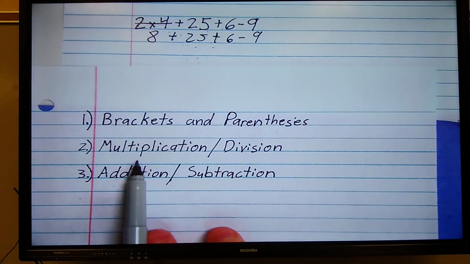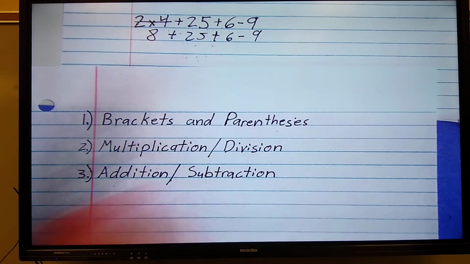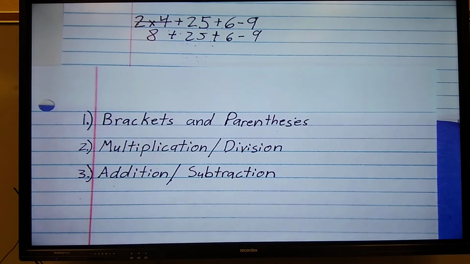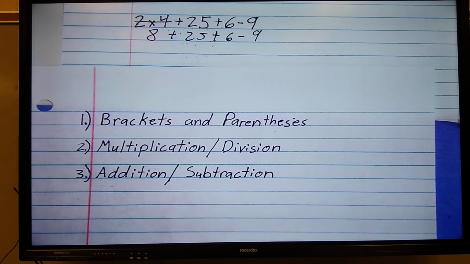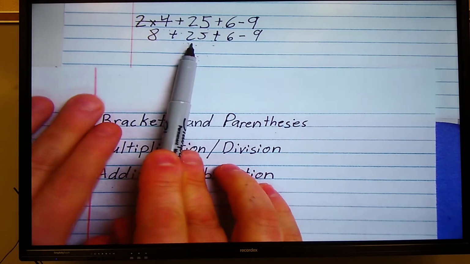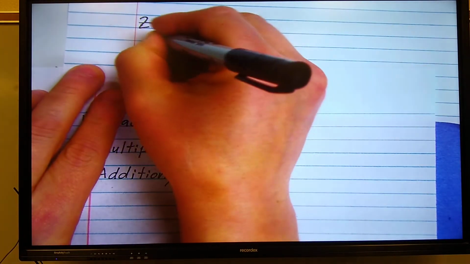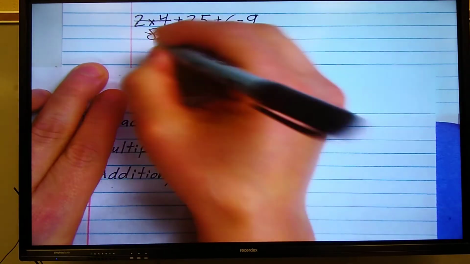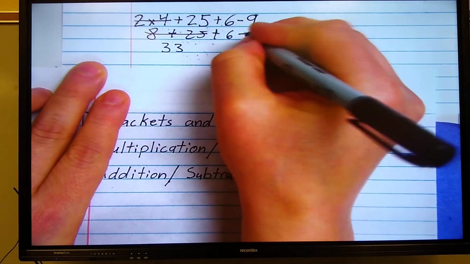Do I have any more multiplication or division? I do not. Move on to the next step. Addition and subtraction, left to right. So the first thing I come across is 8 plus 25. So I do that first, which is 33. Write down the rest.